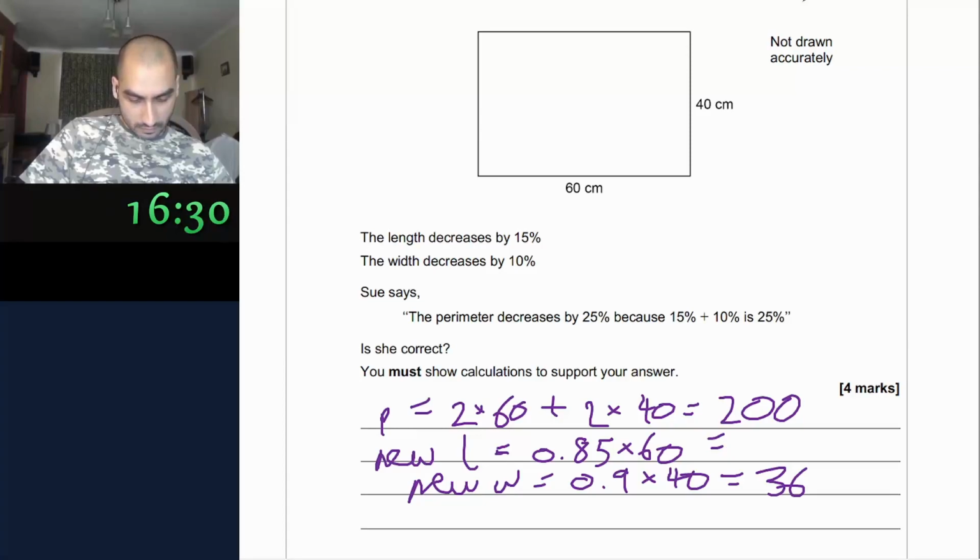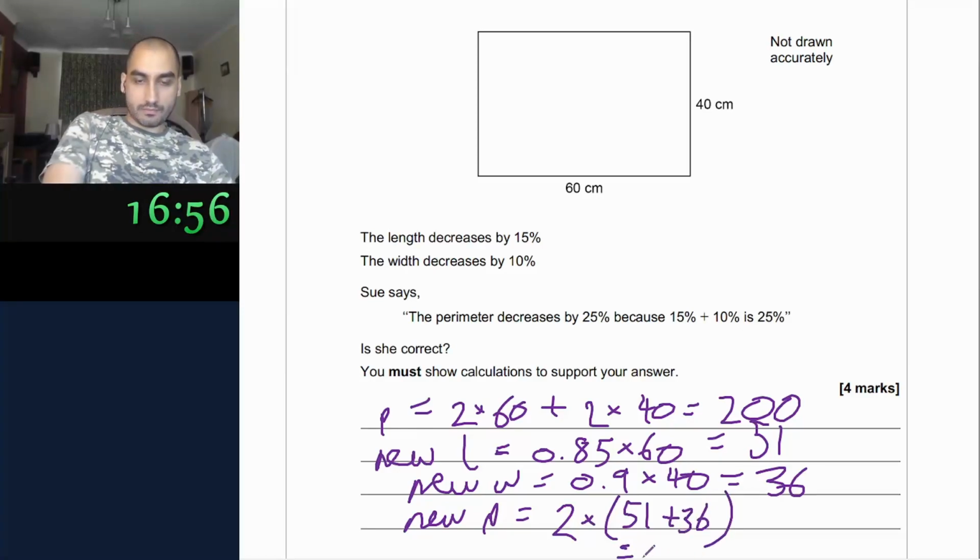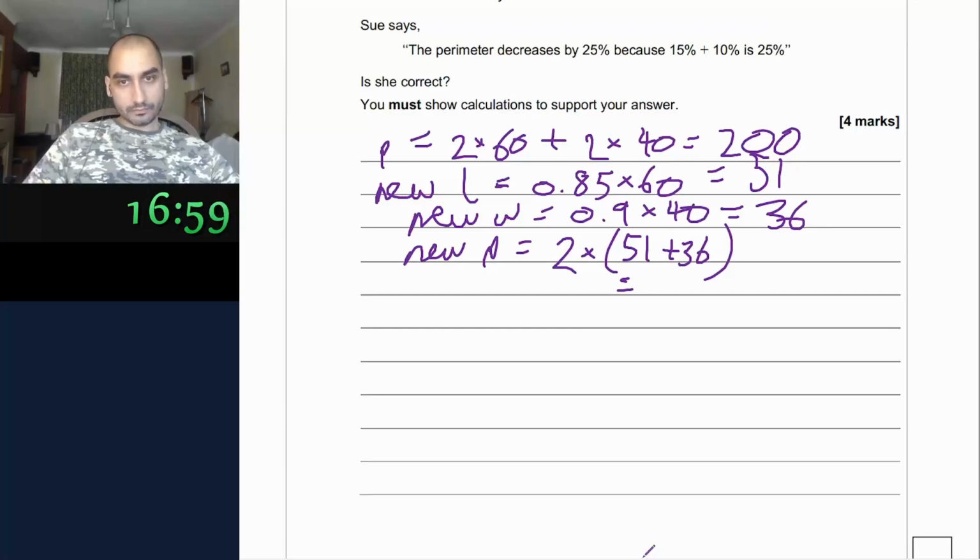New perimeter equals 2 times 51 plus 36, which is 2 times 87, which is 174.